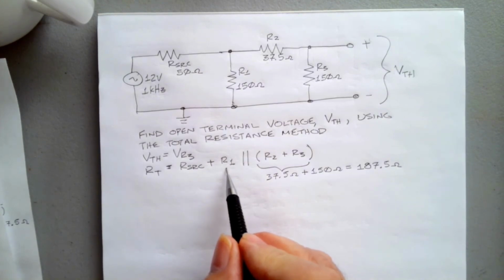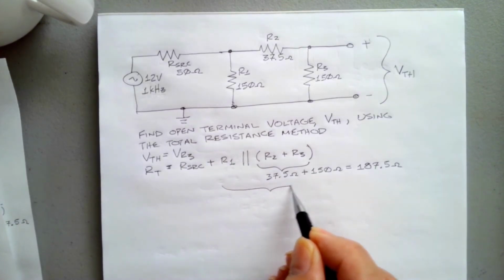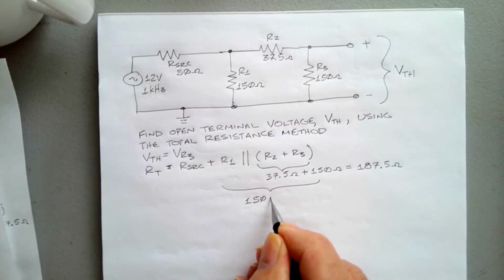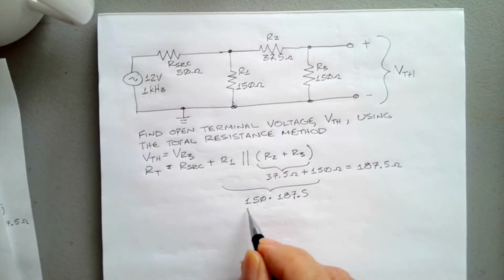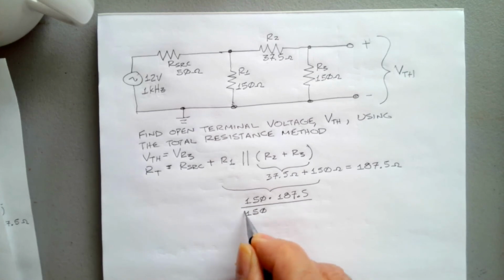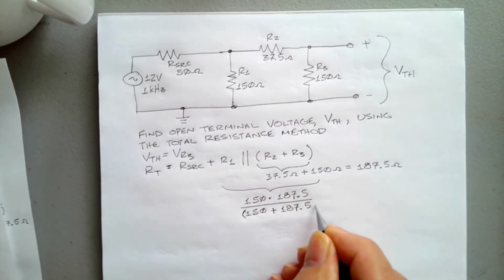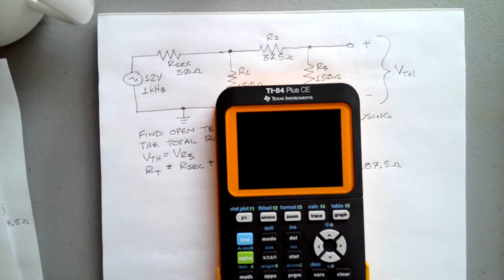R1, of course, is 150, so to find this we'll do product over the sum: 150 times 187.5 over 150 plus 187.5. We'll bring in our heavy number crunching equipment here.